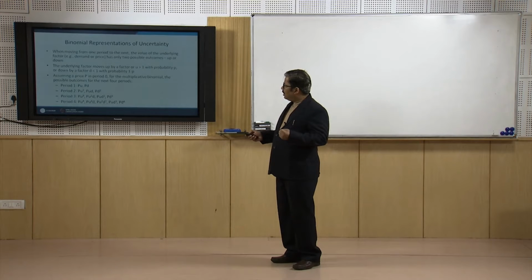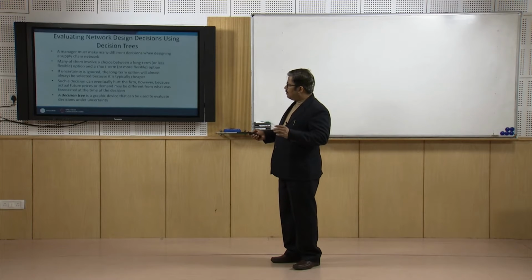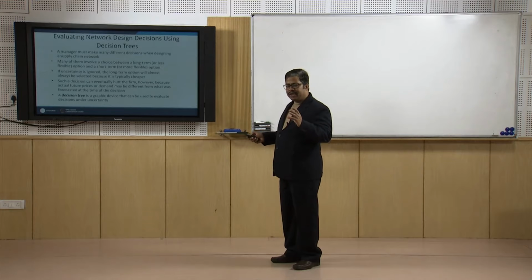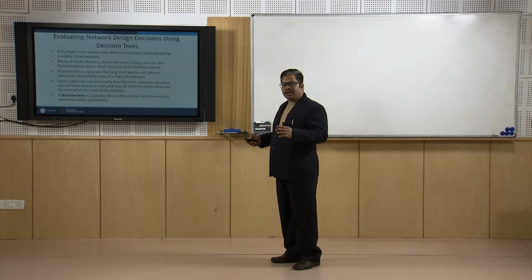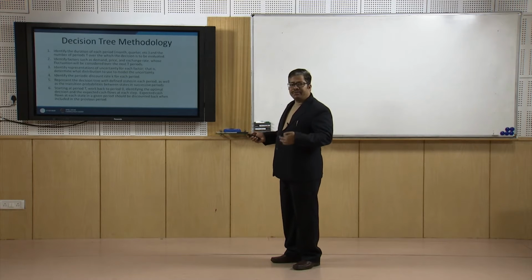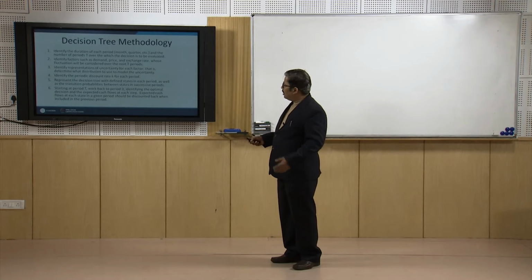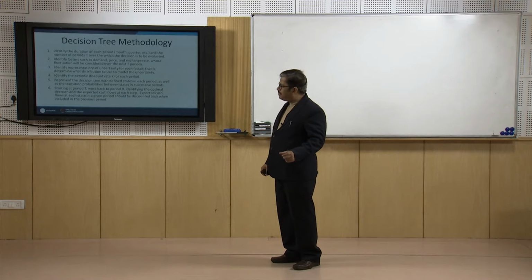of money, and in the last session we were discussing what important things we should keep in mind when we are going for a decision tree model. We discussed that we need to have the period, the duration of each period, and the underlying factors for which we are evaluating the uncertainty.